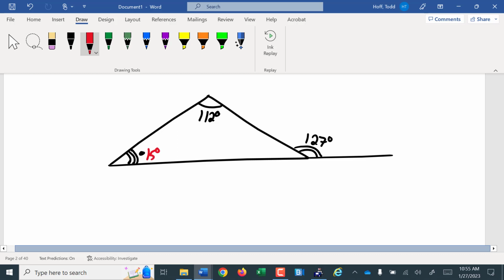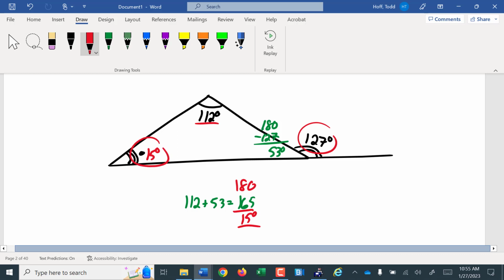So we could have just done 127 minus the 112 to get 15. Or we could do 180 minus 127 gives us that this one is 53 degrees. 112 plus 53 is 165. So 180 minus 165 gives us the 15 degrees.